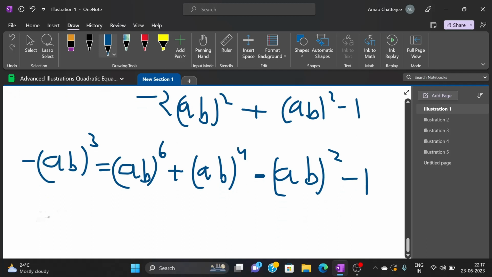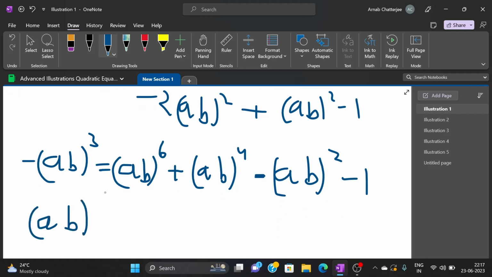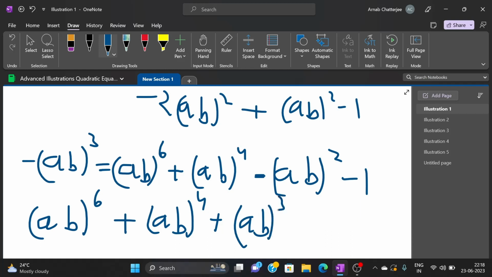So now we have AB to the power 6 plus AB to the power 4 plus AB to the power 3 minus AB square minus 1 equal to 0.